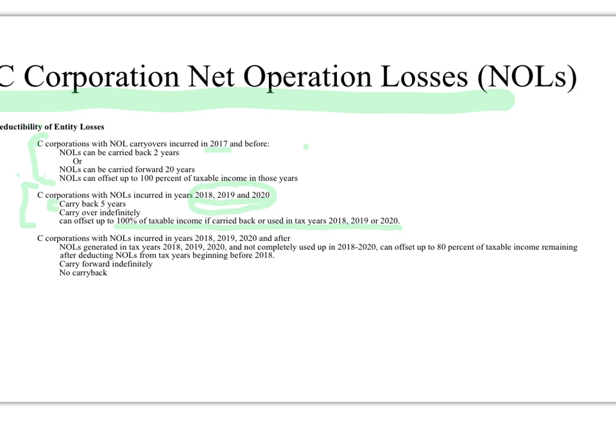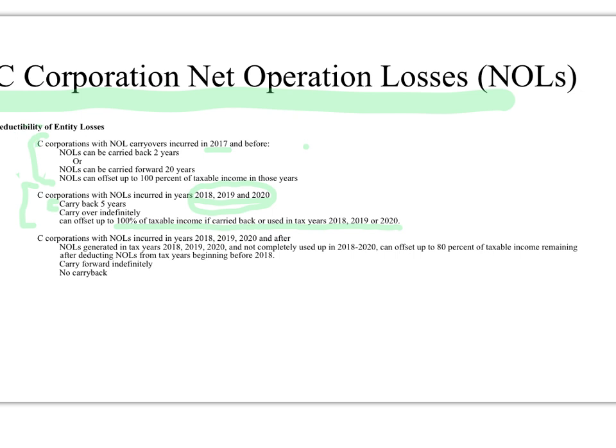For the net operating losses generated in those years, if they weren't completely used up in 2018, 2019, or 2020, then that net operating loss after 2020 can only offset up to 80% of the taxable income remaining.